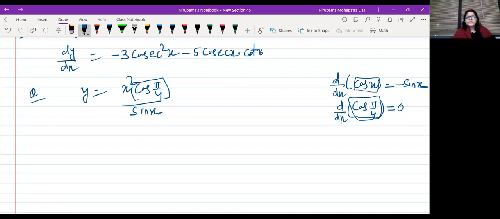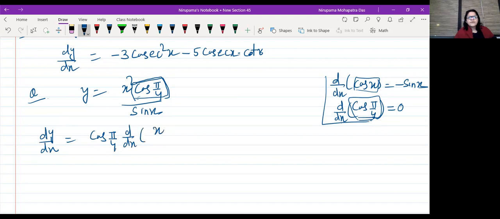But here we will treat this as a constant. So dy by dx. Now cos pi by 4 is constant. Cos pi by 4 into d by dx of x square by sin x. Just like d by dx of k f equal to k times f dash x.